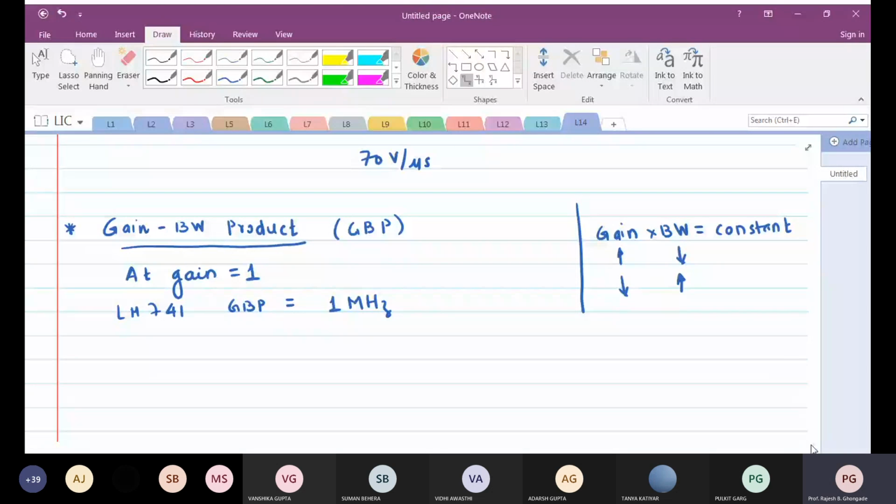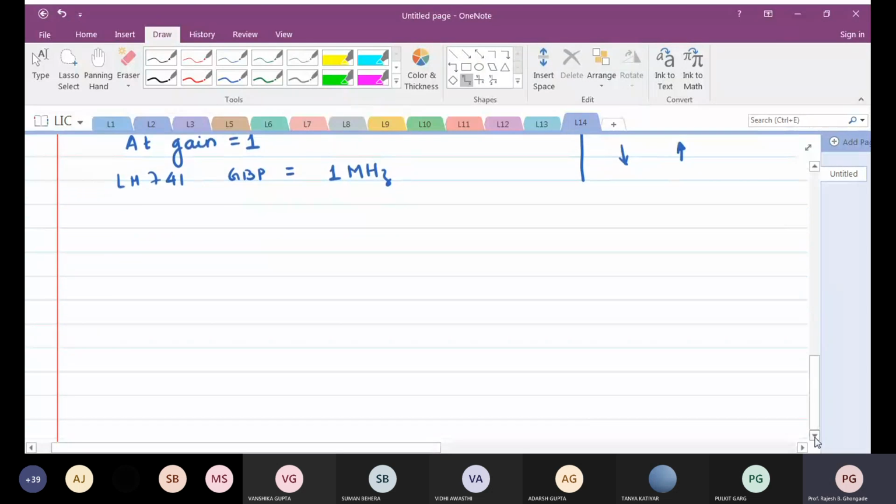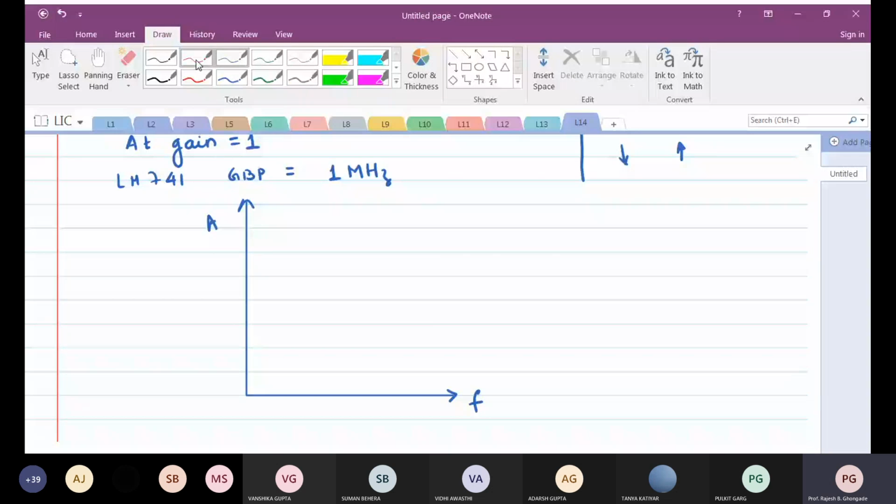So when you plot frequency response, how do you do it? You will be having the frequency on the x-axis, gain on the y-axis. Now for the operational amplifier, you see the gain happens to be something like this.